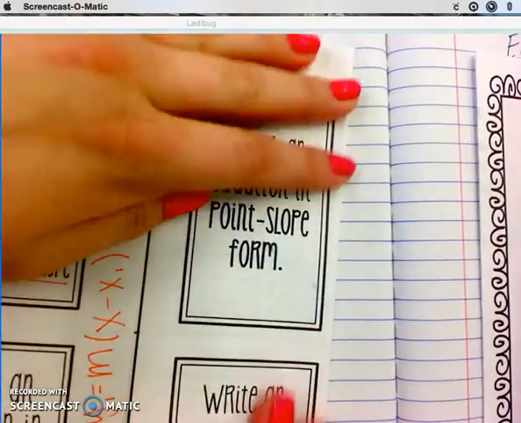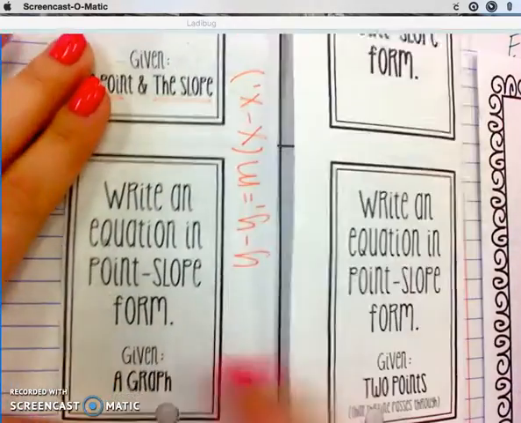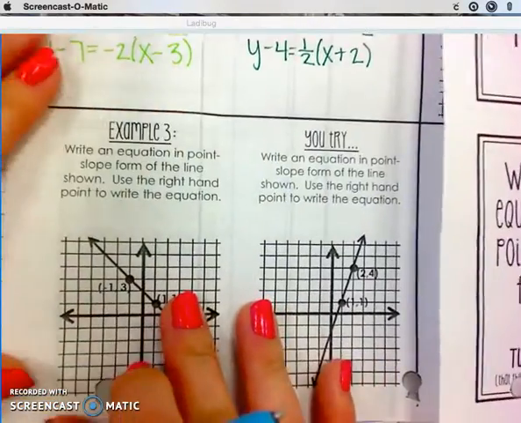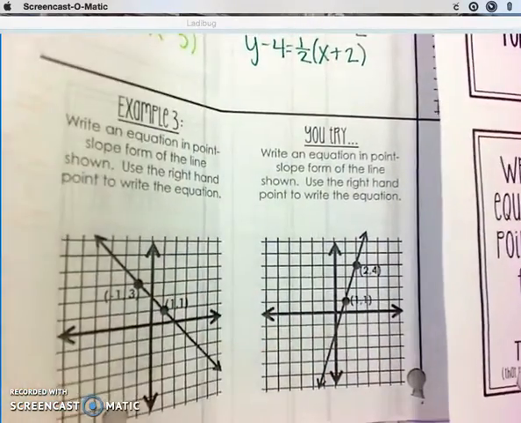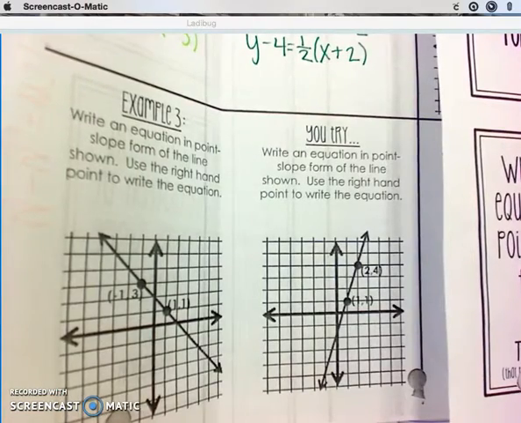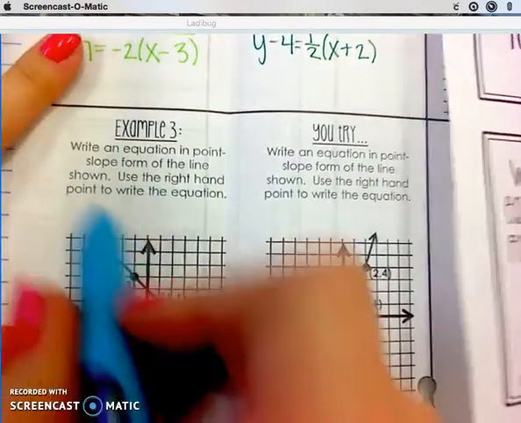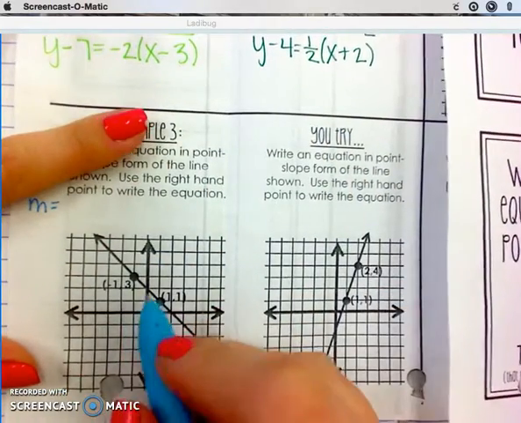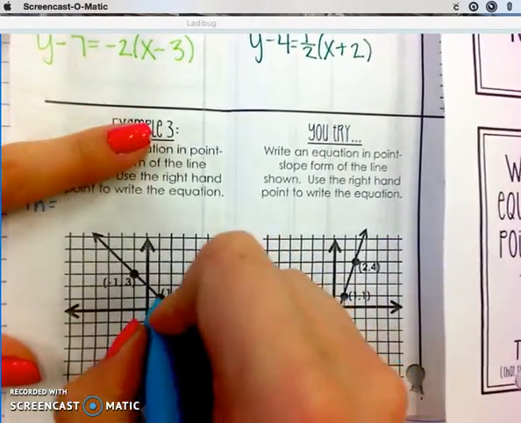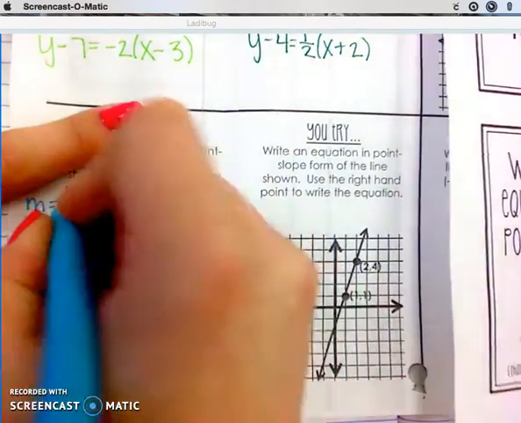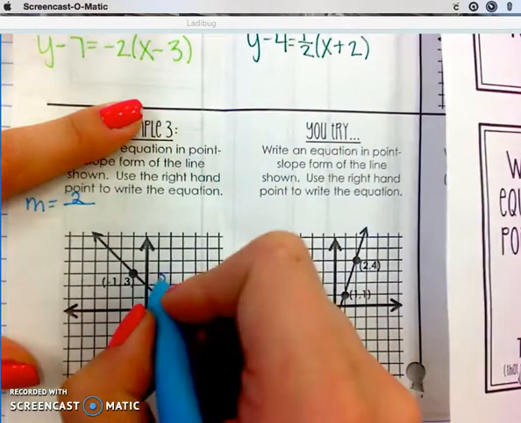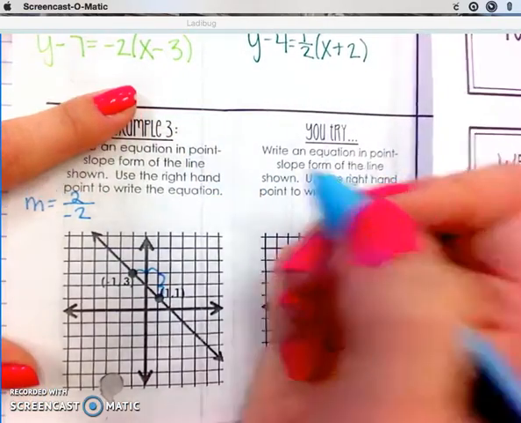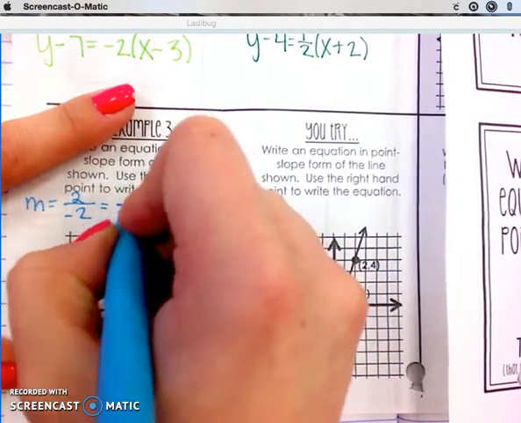Now, bottom left, writing an equation given the graph. Again, two things that we're looking at. We need the slope and a point. So let's find the slope of this graph. Slope on a graph is rise over run, so I'm rising 1, 2 over -2. Negative because I went left. That reduces to -1.